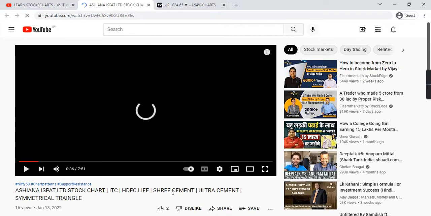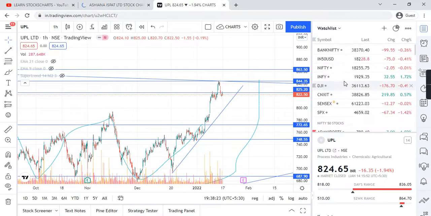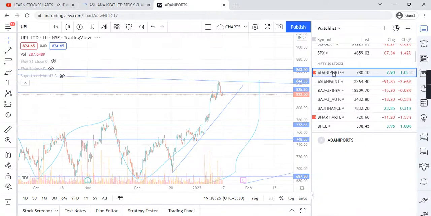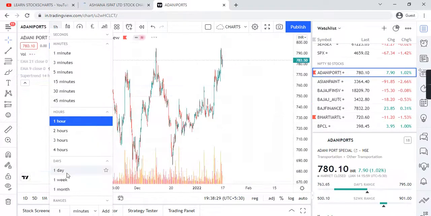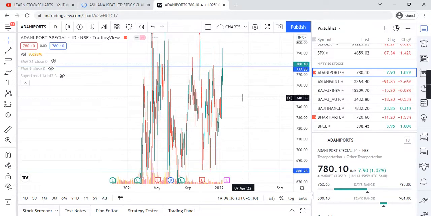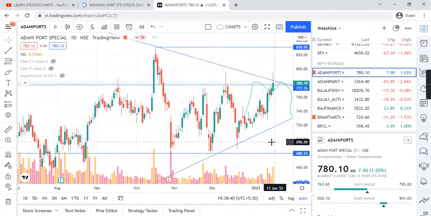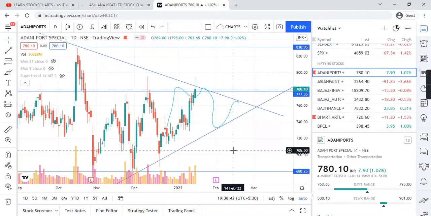And this is ITC, HDFC Life, Shree Cement, and UltraTech Cement. Let me go to Adani Ports, and my analysis is in the daily time frame if I am considering 4 or 5 stocks at a single level. See guys, a clear cut breakout is coming. So let's wait and watch for Adani Ports.